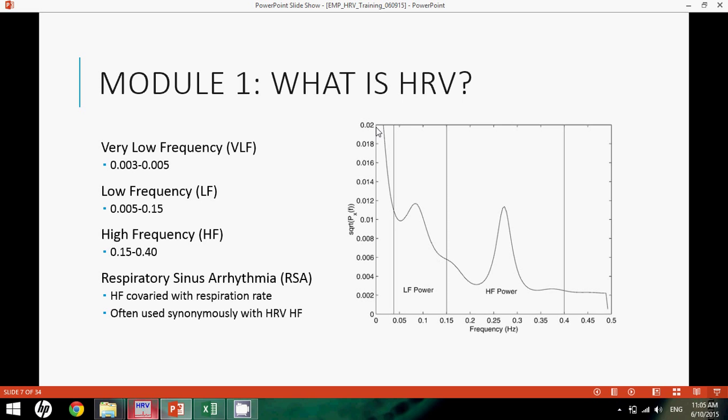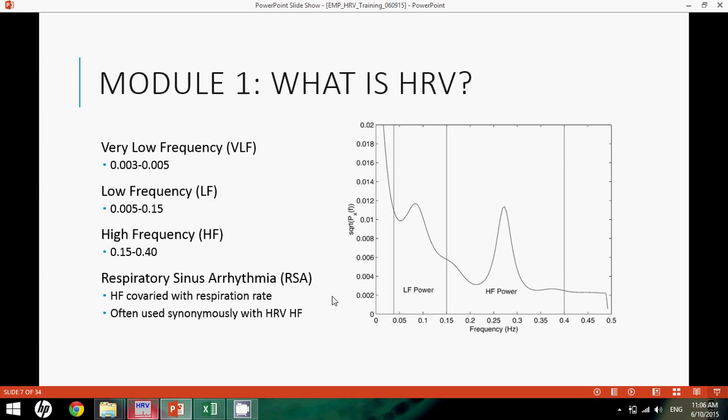And basically, although you don't need to know this, a basic way of understanding this is we're looking at the area below these curves and trying to understand how much of that area corresponds to these different frequencies. Now, the very low frequency and low frequency correspond to a mix of parasympathetic and sympathetic activity. However, in this high frequency range, we know that mostly parasympathetic activity is taking place.